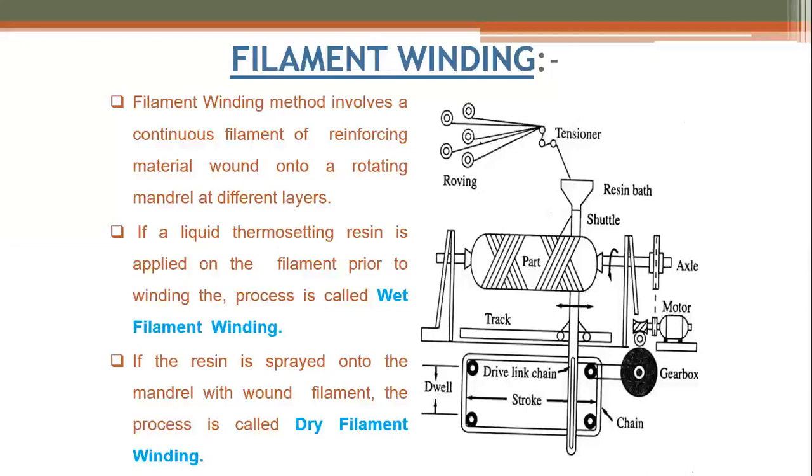If the resin is sprayed onto the mandrel with the wound filament, the process is called dry filament winding. So these are the two differences between the filament winding processes.